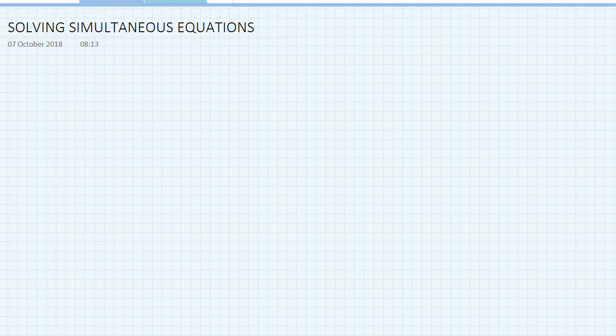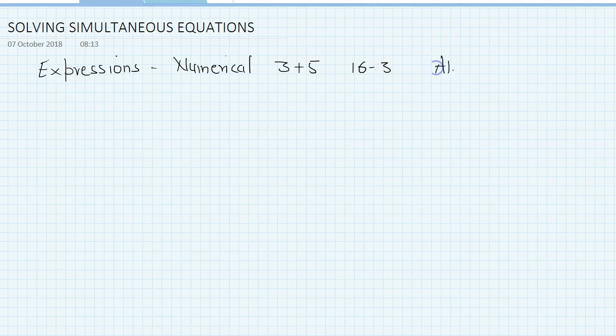For example, if I tell you the expressions, there are numerical expressions, for example 3 plus 5, 16 minus 3 or something like that. Then we have algebraic expression.